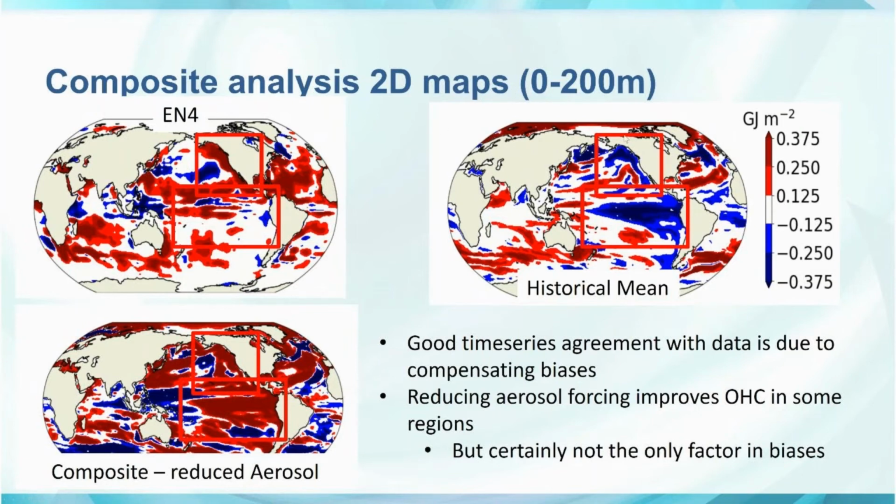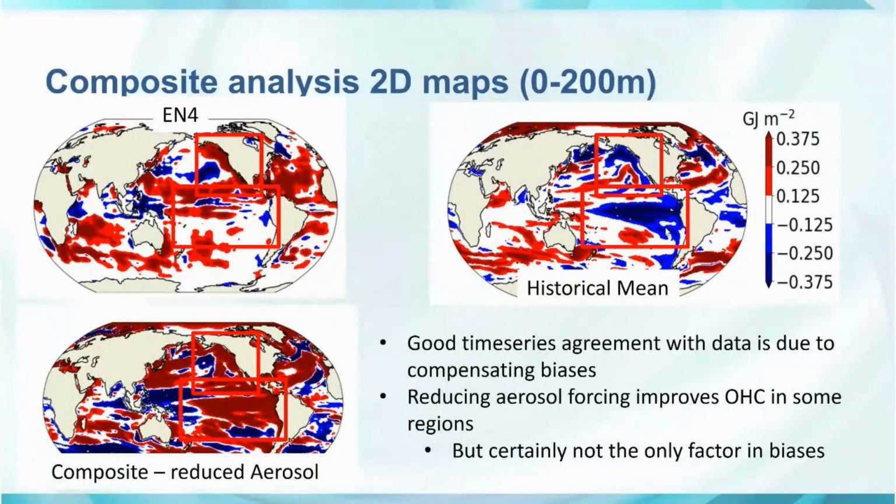In particular, right here along the US coast, in the historical we're cooling. When we reduce the aerosol effect, we actually pick up that warming. Similarly along the equator, we now pick up the warming signal. It's much too strong, but it's moved away from this strong cold bias.